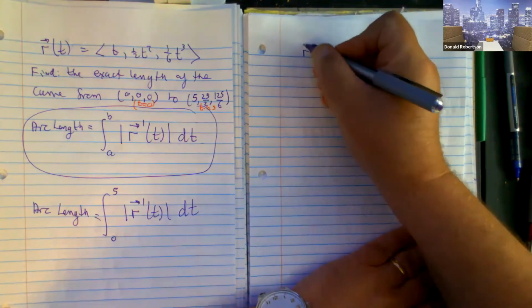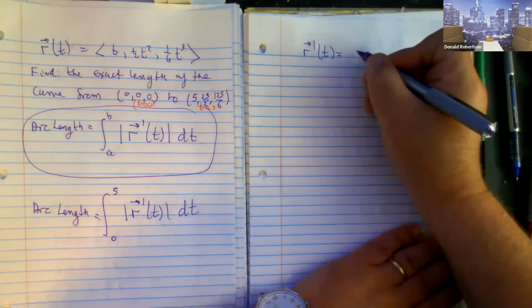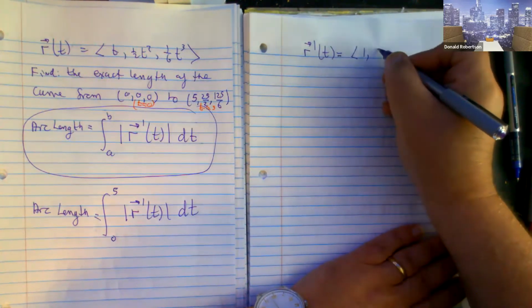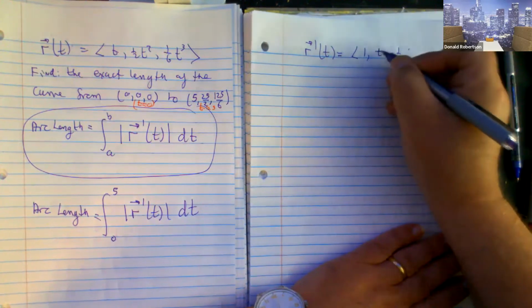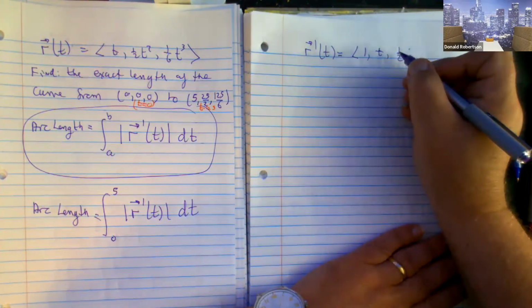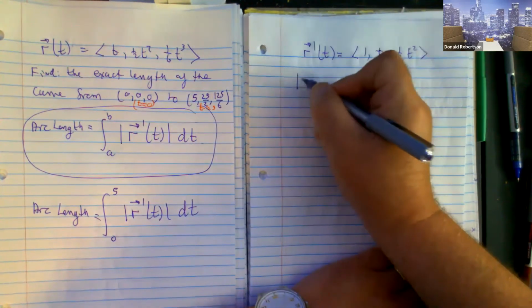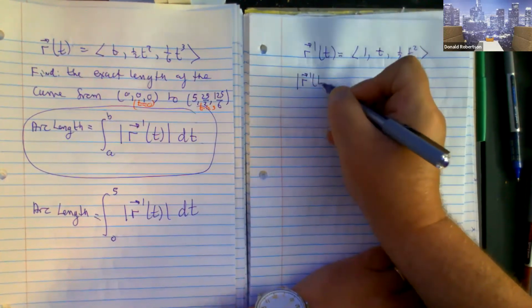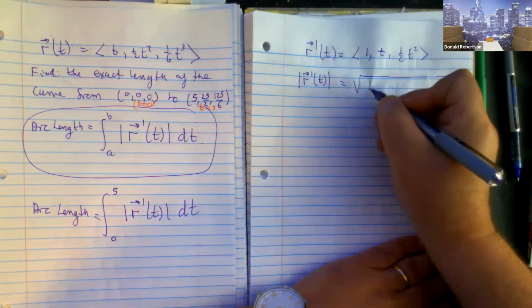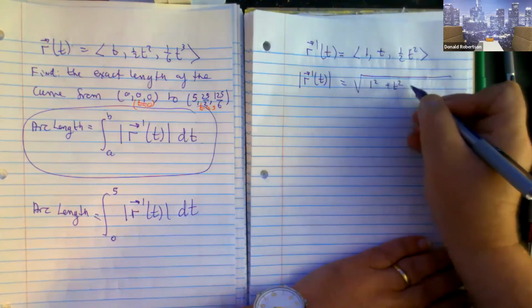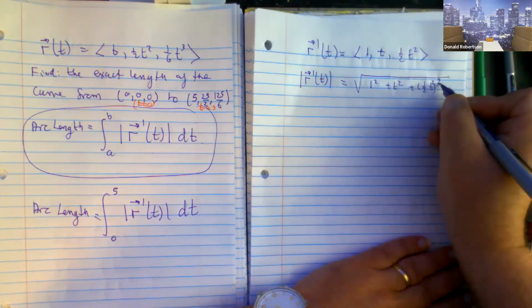So let's see what the derivative of the space curve over here looks like. Well, it's 1, t, and 1/2 t squared. And if I want to get its magnitude, it's the square root of 1 squared, t squared, and 1/2 t squared, squared.